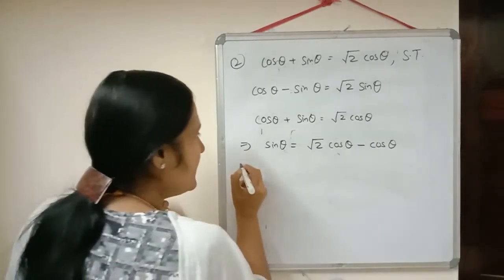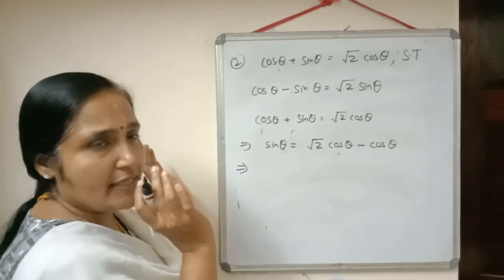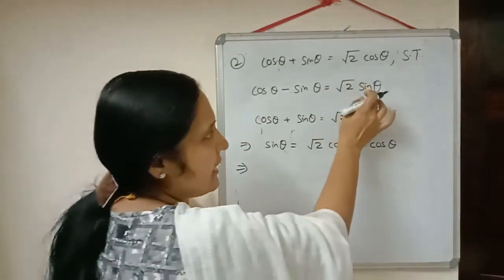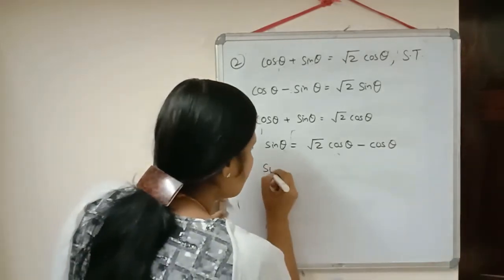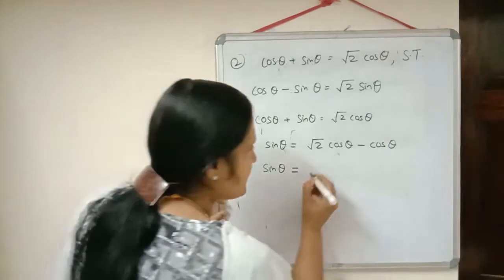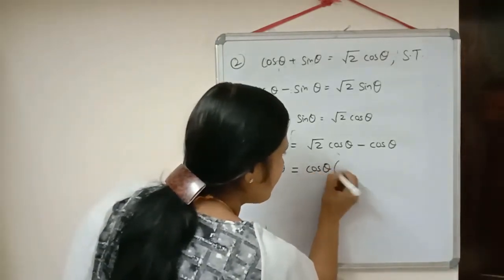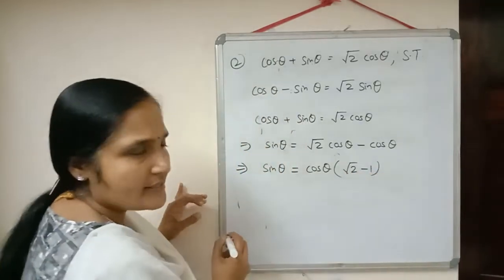Correct? Now the method is, we are going to change cos theta in terms of sin theta, because in the proof, in the right hand side we need sin theta. Okay. So again, sin theta written as it is. What can we take common here? Yes, we can take cos theta common. Then inside the bracket what will come? Root 2 minus 1.